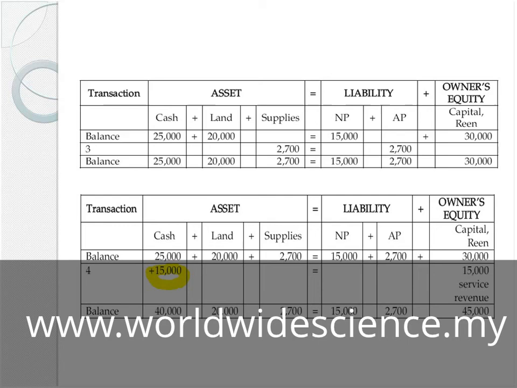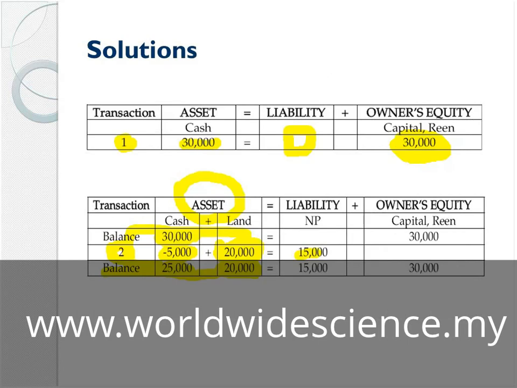Yes, our total right now is 45,000, because the 15,000 plus 45. So here, we must have an equation between the assets and liability and capital, right?